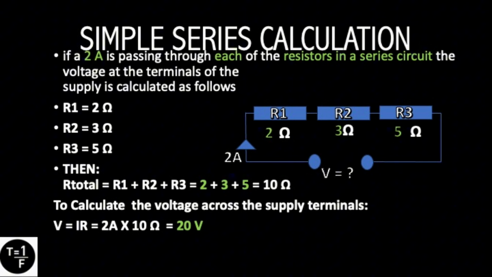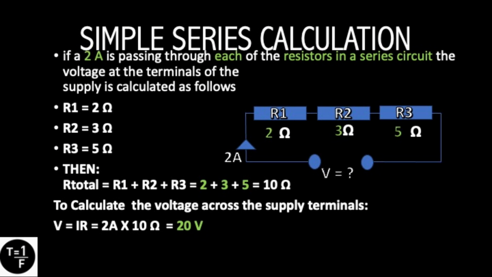To calculate total resistance in series, we use R total equals R1 plus R2 plus R3. Once we know the total resistance, we can then use Ohm's law. Voltage equals current times resistance. V equals I times R.